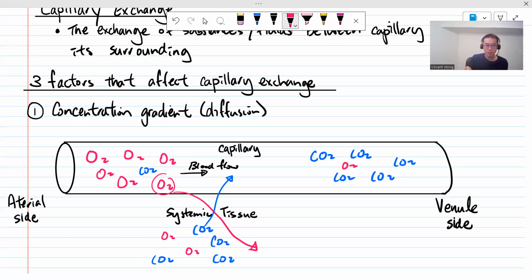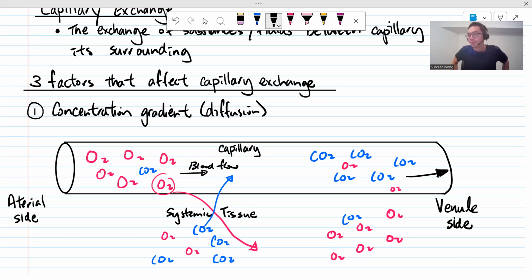It will still have some O2, just not a lot. And then the tissue will now have more O2 than carbon dioxide. Okay, and then the blood will continue forward, right, and return to the heart. That's all.